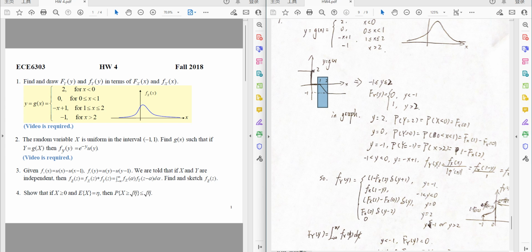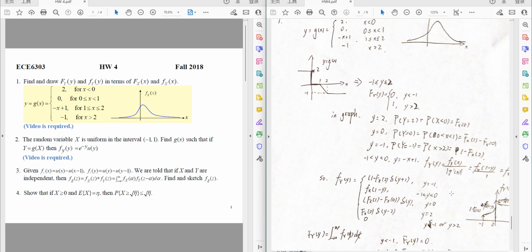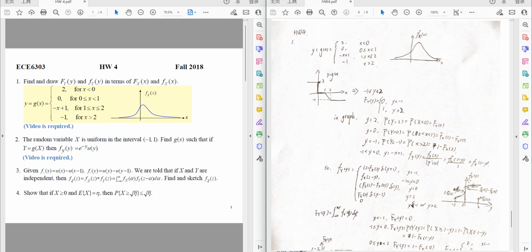But don't worry, we can just use this function. So now we know y equals negative x plus 1. So we just use the x density function divided by the derivative of g(x), and we can get the y's density function, which is this.